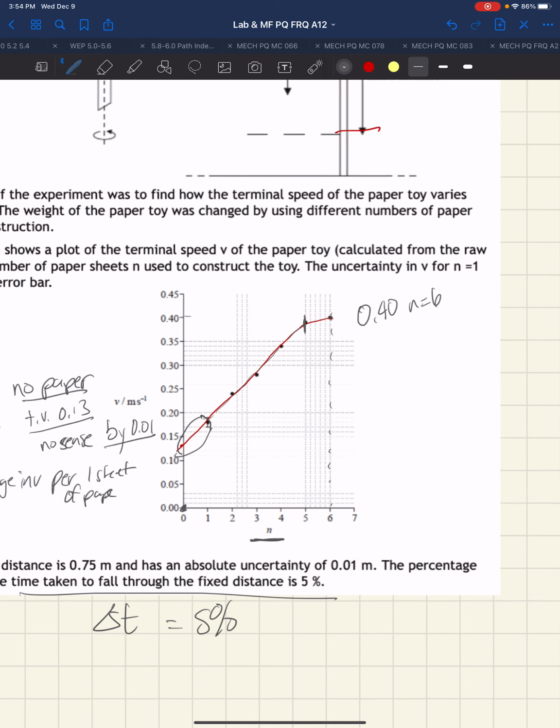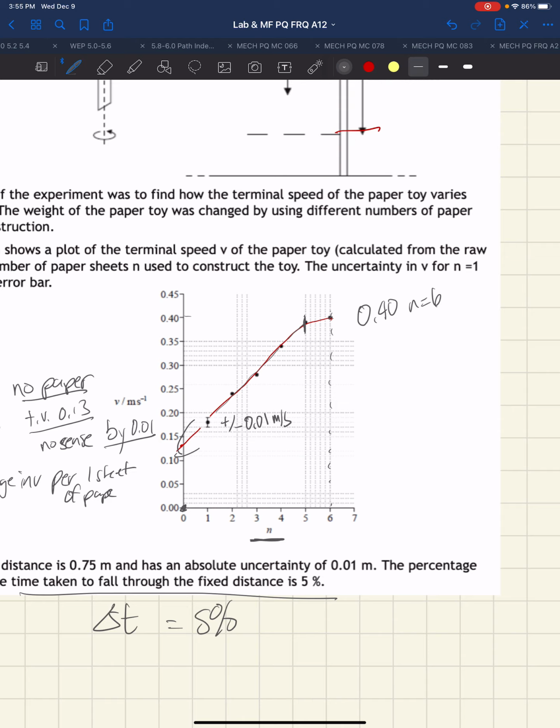What we can see in the beginning is we're given an uncertainty, an error bar, for n equals 1. And that uncertainty is plus or minus 0.01 meters per second. And somehow we need to get it at the end.